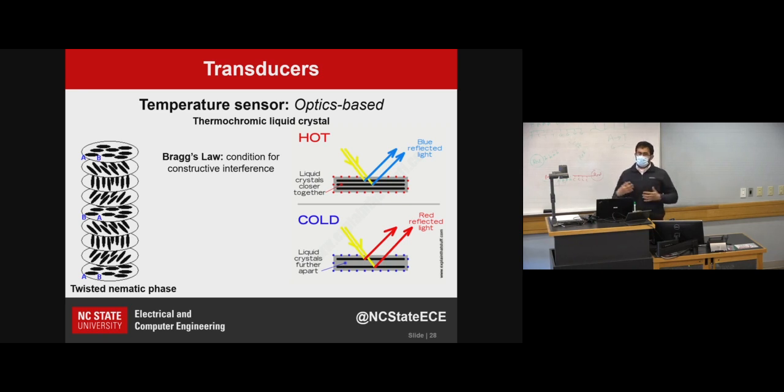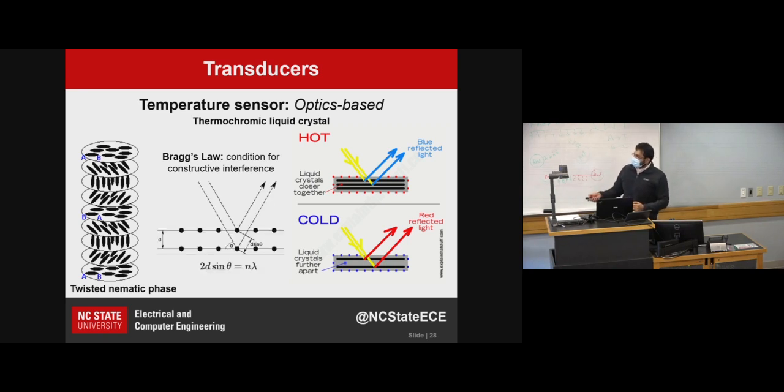Does anybody remember Bragg's law from their physics or ECE basic optics class? Basically the reflected wavelength of the light is an integral multiple of the distance between the planes, so n lambda equals 2d sine theta. Yeah, perfect.